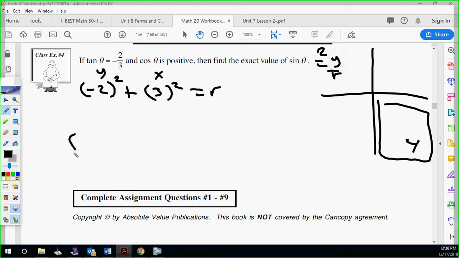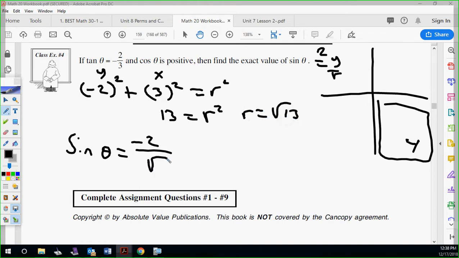So right now we already know half of our answer. Our answer is negative 2 over something. We've got to find the something. 4 plus 9, we get 13. And that's r squared. 13 is r squared. So r is root 13. So we've got root 13 here. Go ahead and practice our rationalizing one more time.